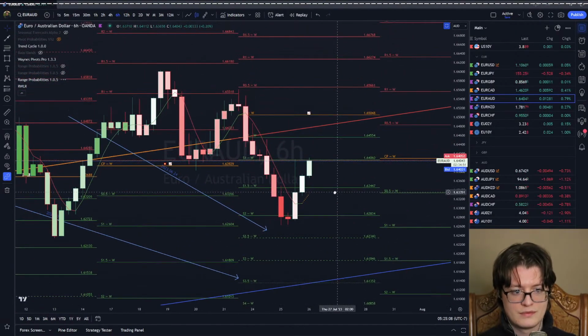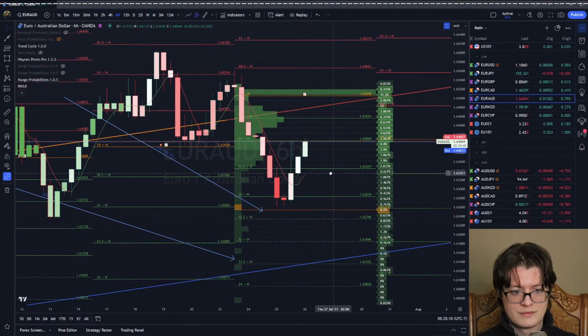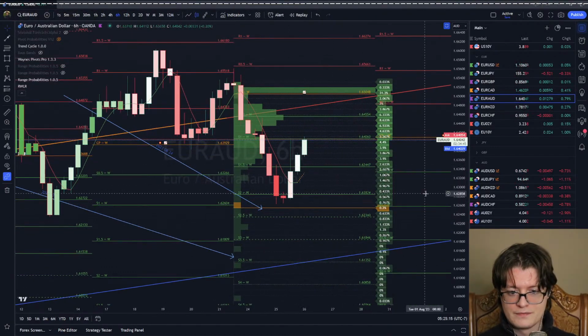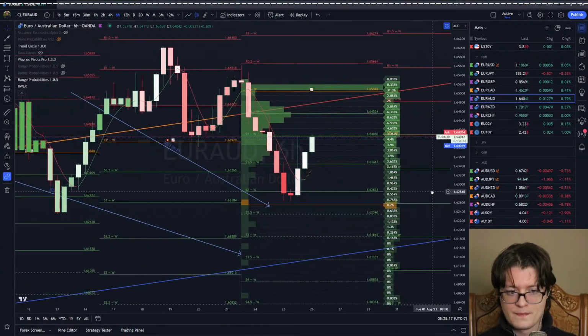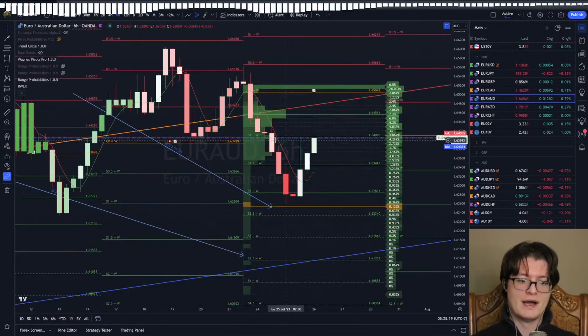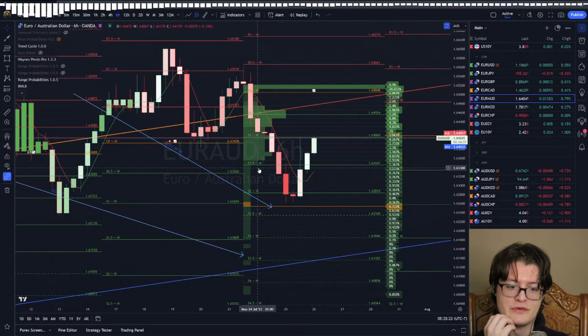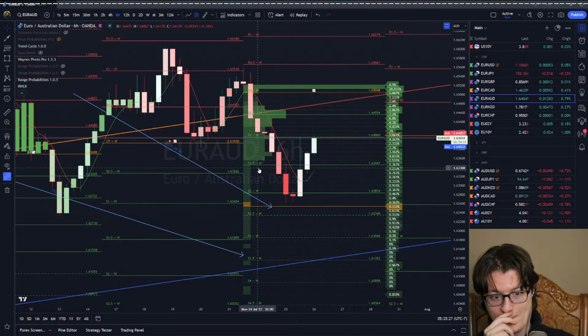Wow. You don't usually go down that far. Buying longs right here, you're just getting stopped out once you start moving past that S1.5 pivot. Yeah, man.